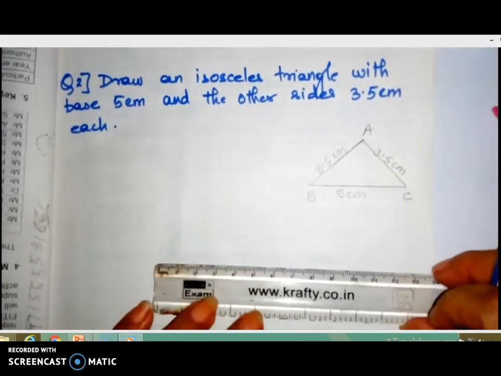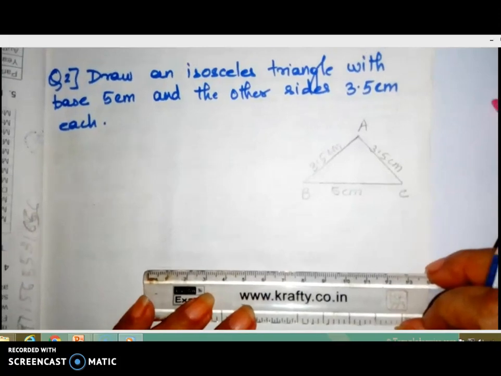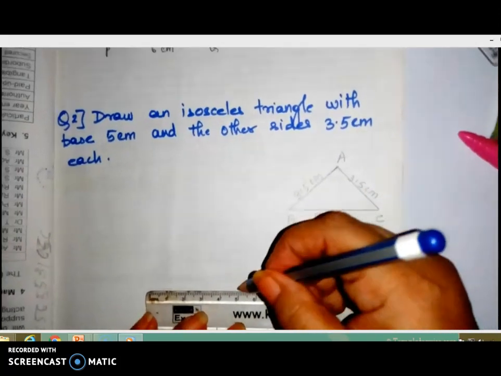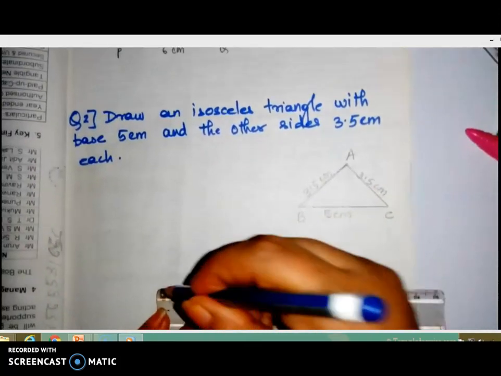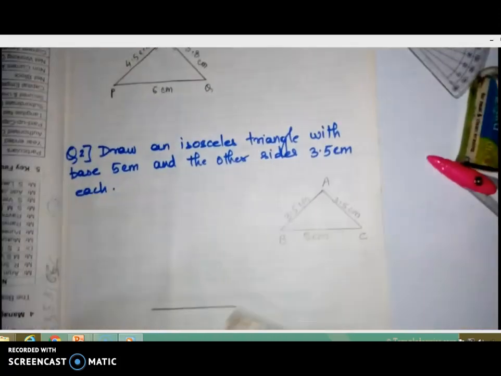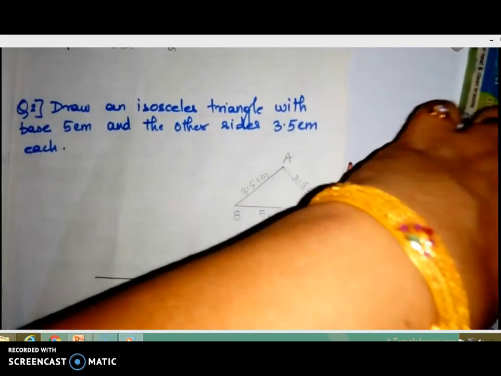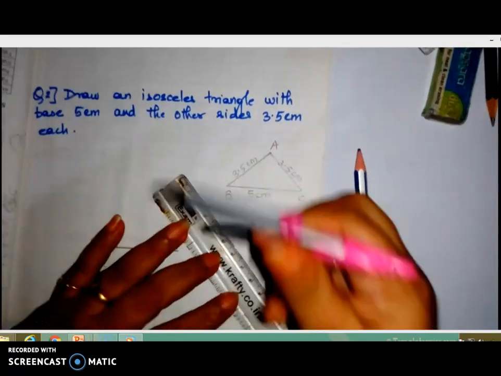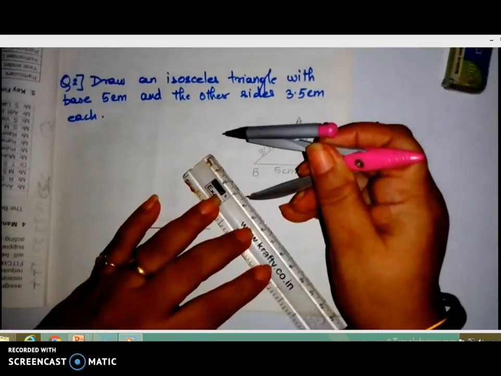So we'll draw the base BC equal to 5 centimeter. Now we will measure 3.5 centimeter.